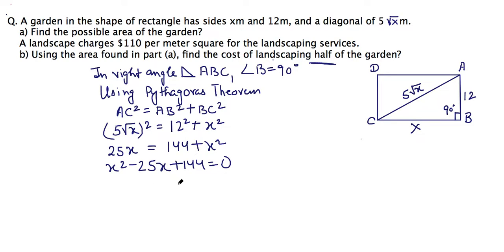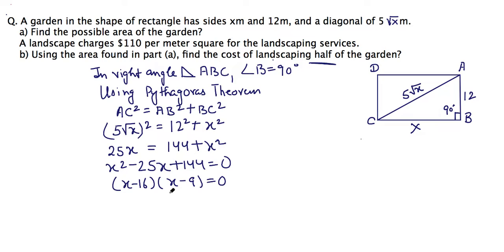If you know how to factorize it, the two factors that you will get from this are x minus 16 and x minus 9. If you don't know how to factorize a quadratic equation, please follow my videos. I will be uploading them soon on how to do the factorization of a quadratic equation.